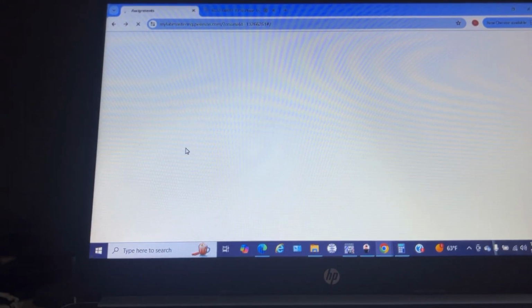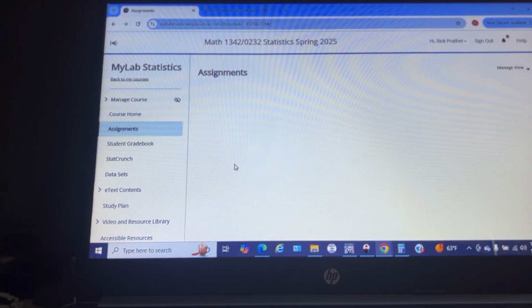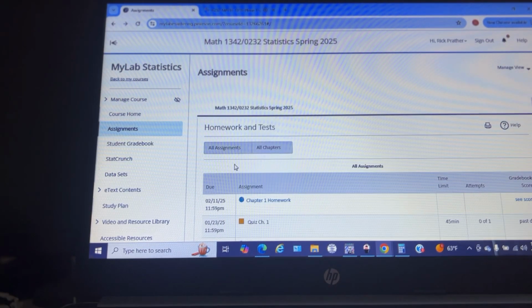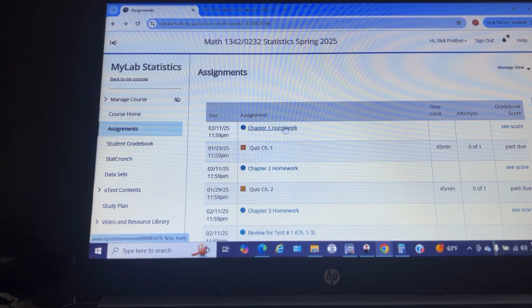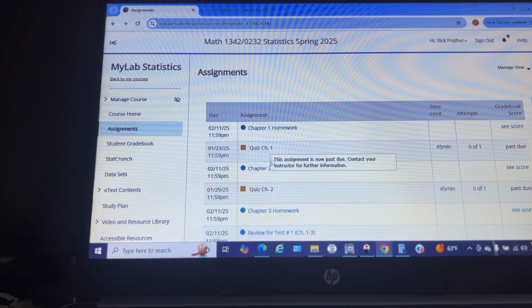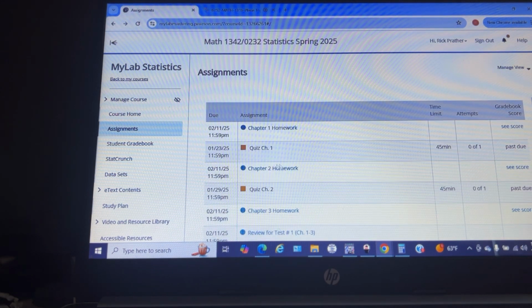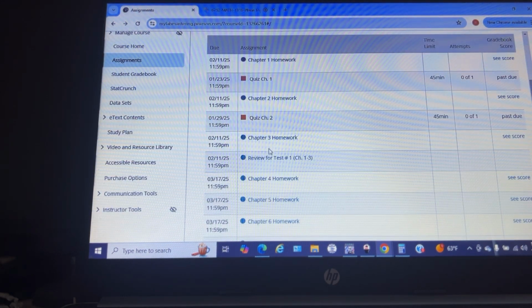So go back here to the assignments. We've completed Chapter 1 homework and the quiz on Chapter 1. We've completed Chapter 2 homework and the quiz on Chapter 2. So we're currently working on Chapter 3 homework, and then there's going to be a quiz on Chapter 3 very soon. And then you can review for the test before taking the test.